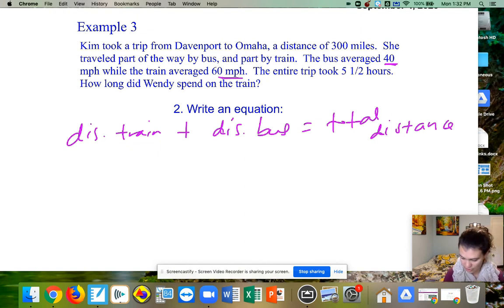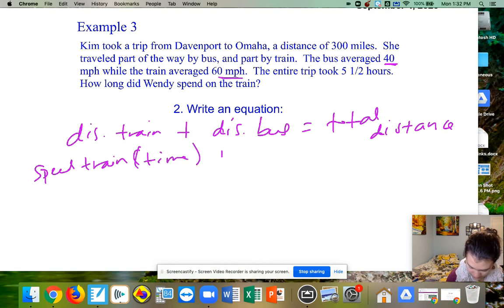So distance on the train is going to be the speed of the train times the time on the train. And then you want speed of the bus times the time on the bus has to equal the total distance, which was 300.